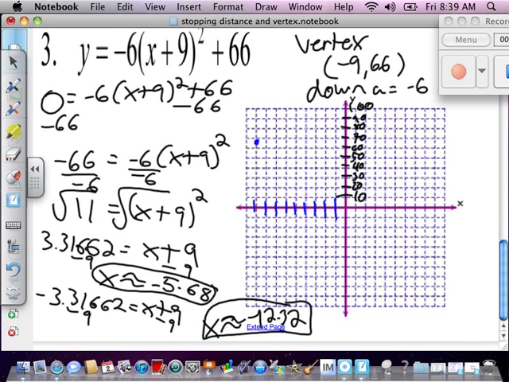Then I've got x is negative 5.68, so I go over 1, 2, 3, 4, 5, and it's between 5 and 6. Okay, and then I need to go over negative 12. 6, 7, 8, 9, 10. I'm going to add 2 more points because it's easiest for me. And I'm going to go just past that 12. There's my graph.